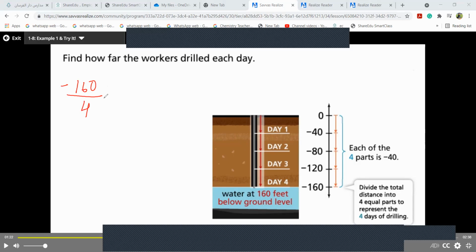So when you divide them, the numerator is negative and the denominator is positive. So when you see opposite signs, directly your answer will be, like 4 times 1 and 4 times 4, it will be 40. Your answer is minus 40.